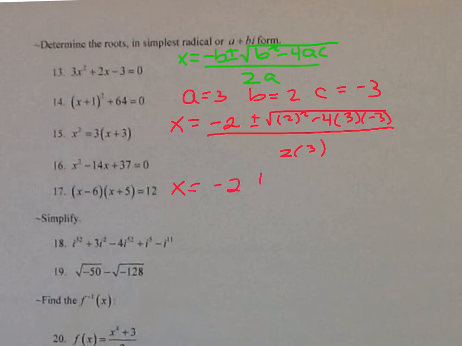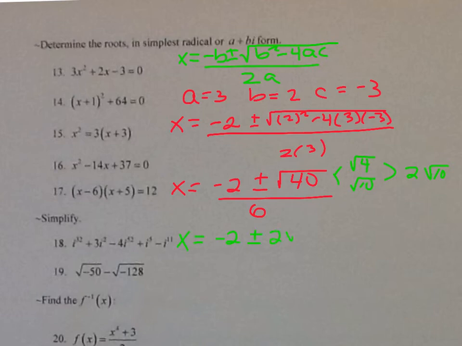Plug in what's under the square root, only under the square root, and we get 40. Now we want to simplify the square root of 40. That is the square root of 4 times 10, which is 2 square root of 10. So then I have x equals negative 2 plus or minus 2 square root of 10, over 6.